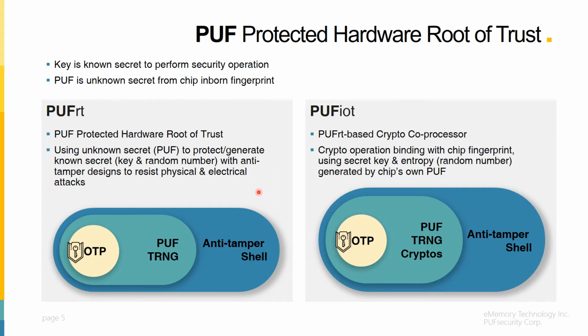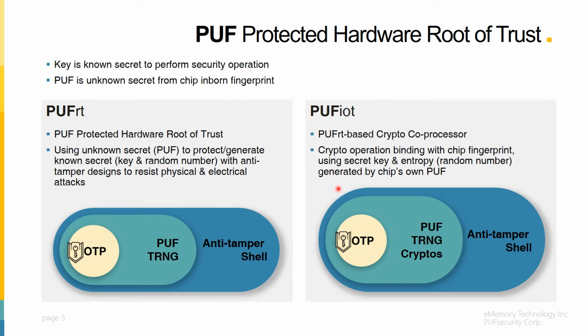We call this product PUFiot. This is the first IP of PUF Security. PUFiot directly provides a tamper-proof shell, two random number generators, secure storage OTP, and PUF. It's very easy to adopt in security systems that require the three basic primitives.